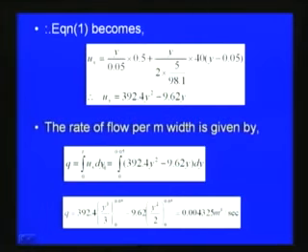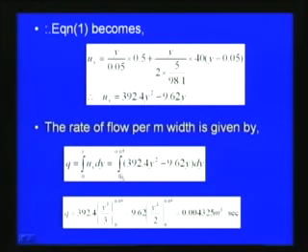Now, once we get an expression for velocity, as we discussed, the discharge passing between the plates, the fluid flow between the plates, and also the shear stress can be calculated. The discharge, the rate of flow per meter width, is given by integrating ux dy between 0 and t, where t is 5 centimeter.